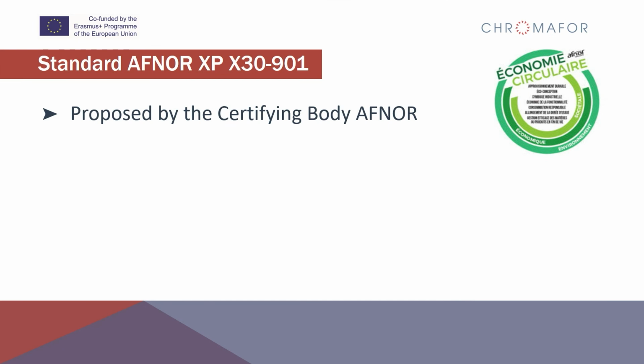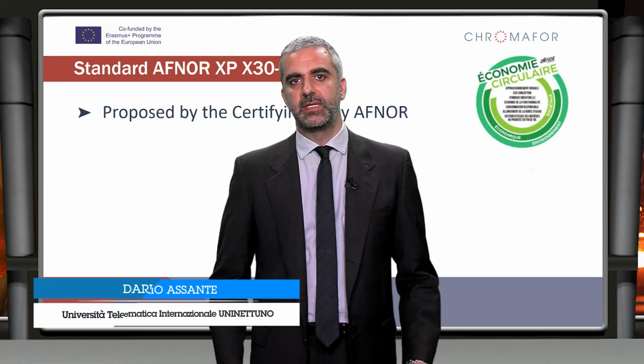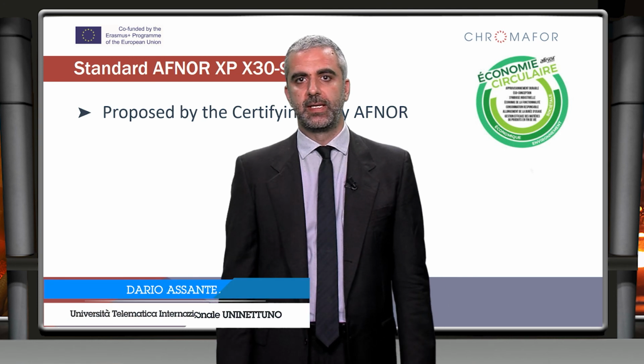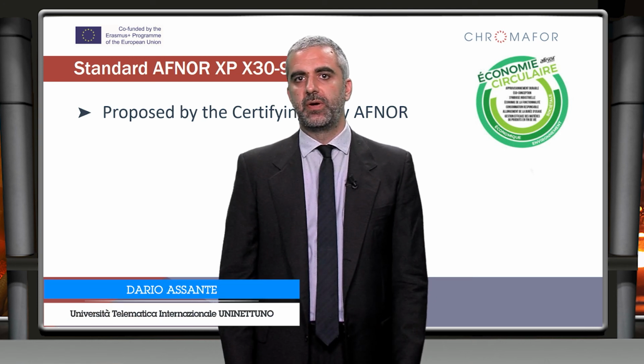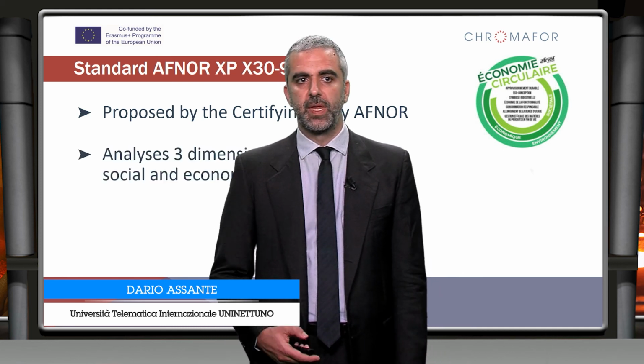The other circularity standard available at international level is the standard AFNOR XP X30901. It has been proposed in 2018 by the certifying body AFNOR. Initially it was a French standard, but soon it has become an international standard also because of the international reputation of AFNOR.